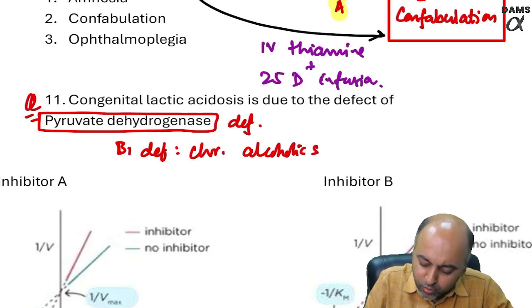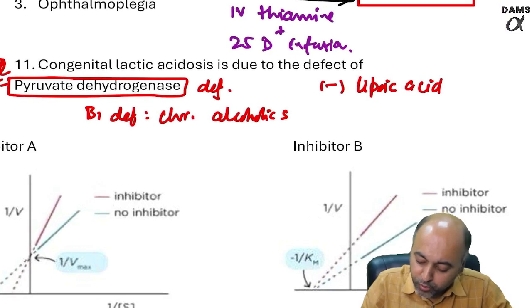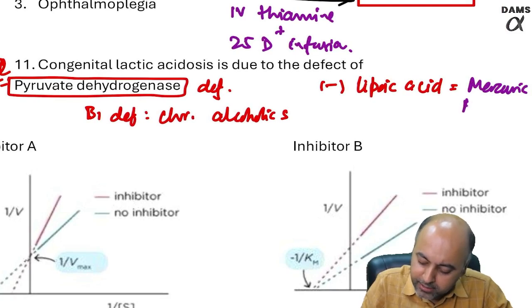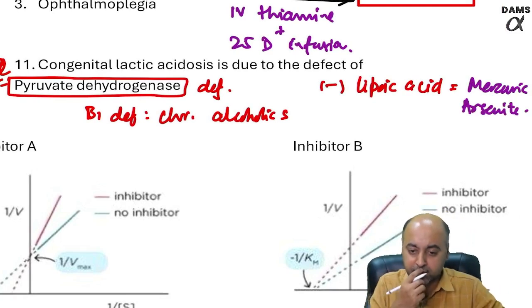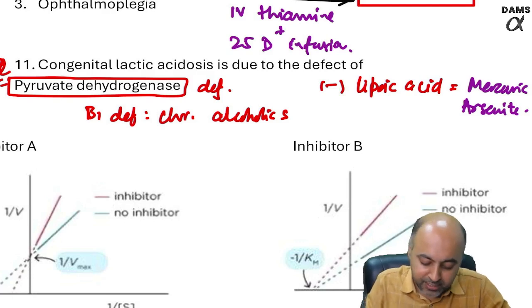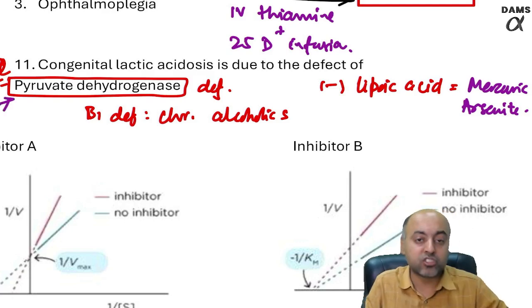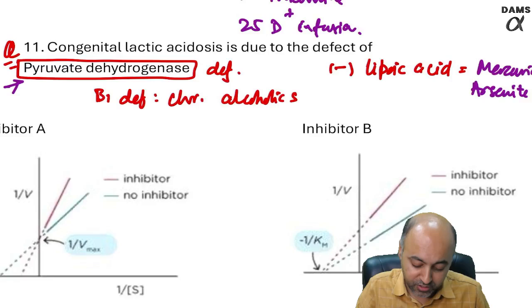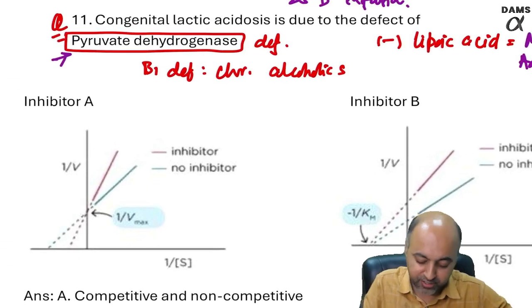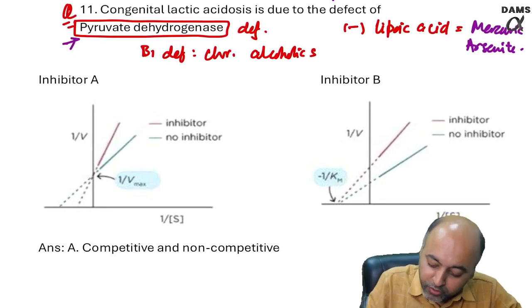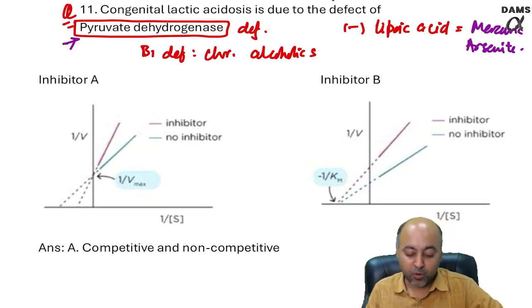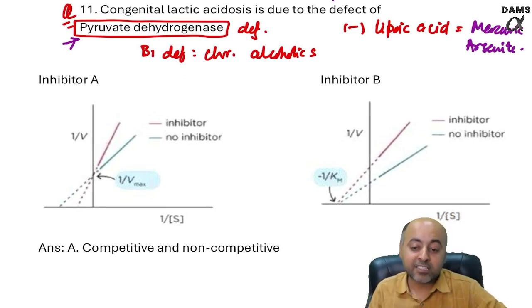It can be due to inhibition of lipoic acid by mercuric and arsenite ions. But lastly, it can also be due to the deficiency of pyruvate dehydrogenase.